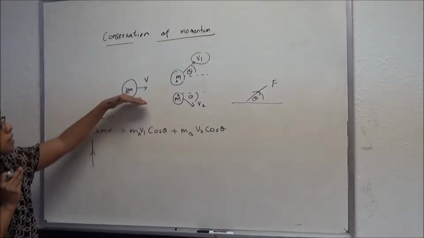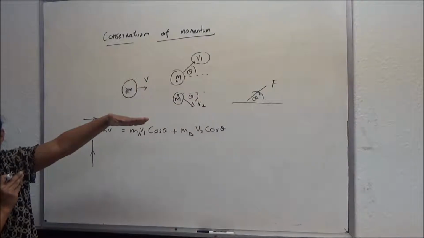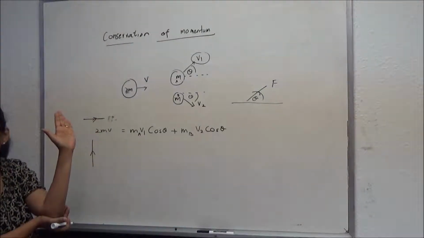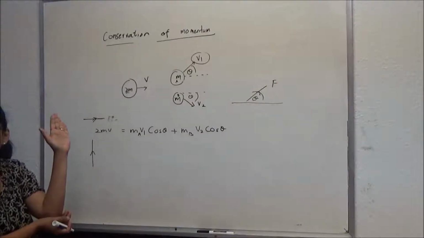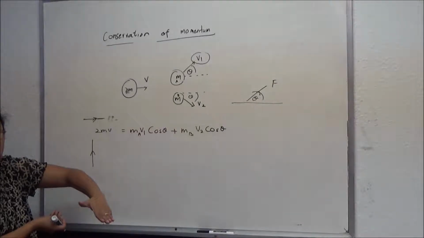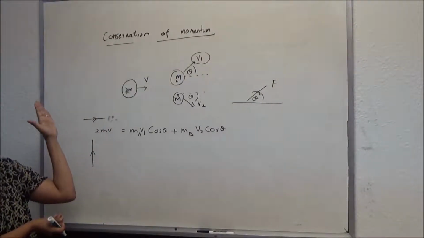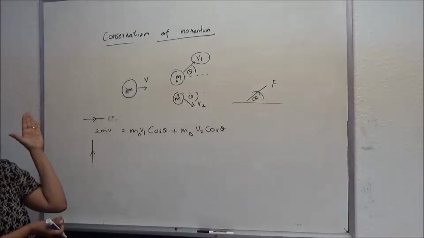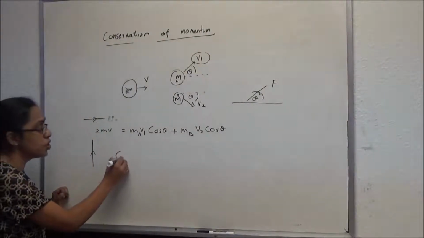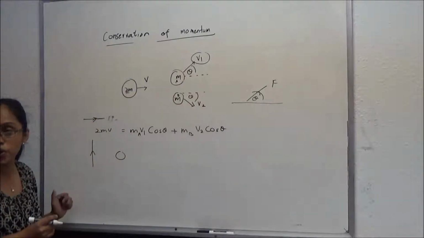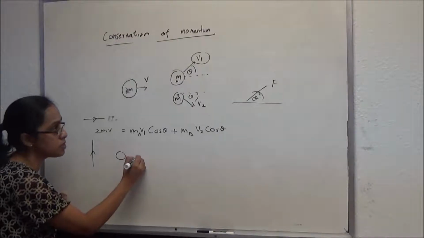If you take the resolution, it should be v cos 90. V cos 90 means 0. Therefore, it's 0. So you see that there is no velocity in this direction. So initial momentum is 0.